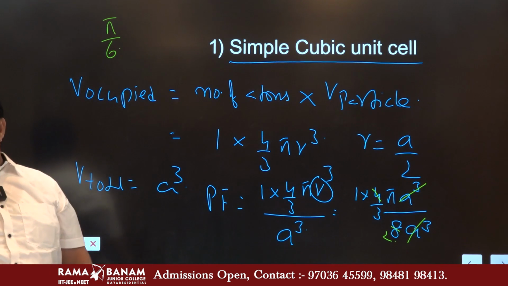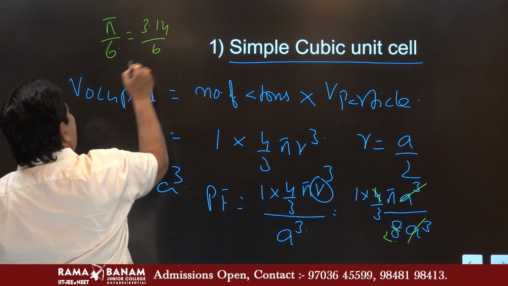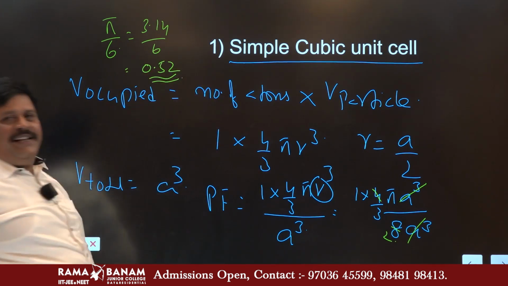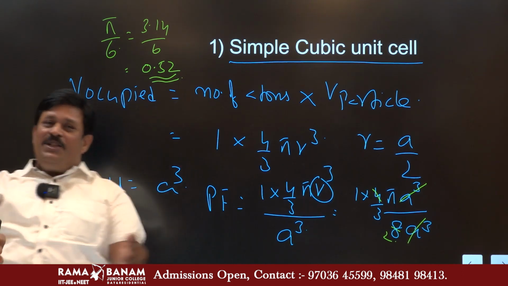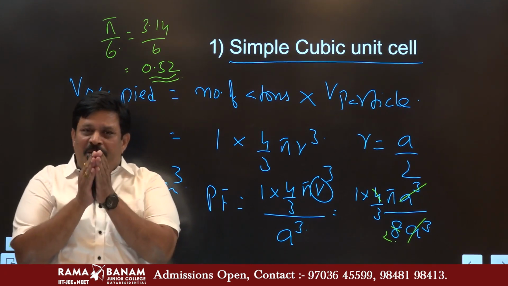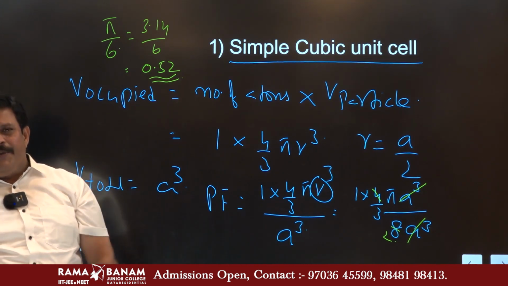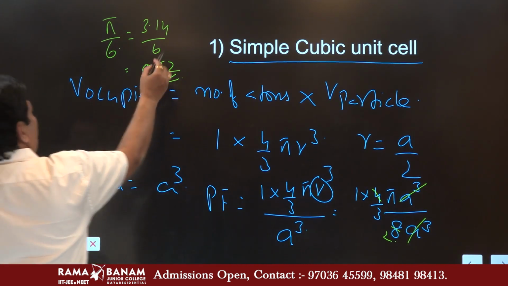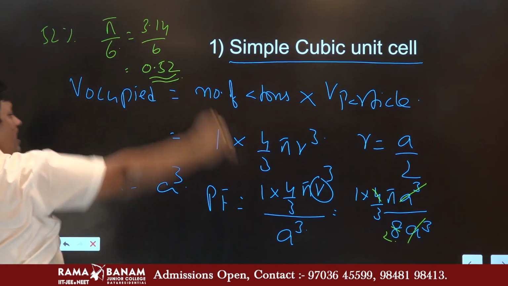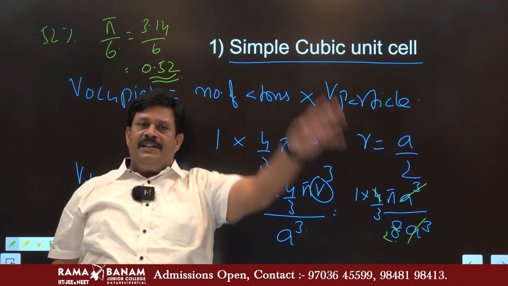What is the value of pi? 3.14 by 6. So this value is nearly 0.52. What is this 0.52? That much space only is occupied by the atoms or ions. Remaining is vacant space. So packing fraction 0.52, we can also write that as 52% of the solid is occupied by the particles.